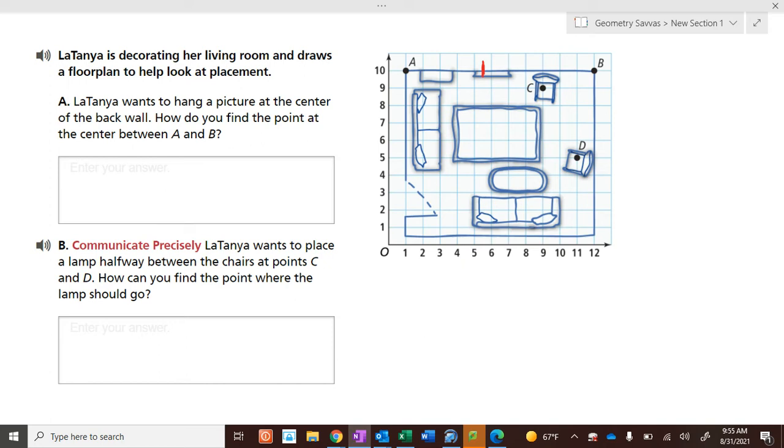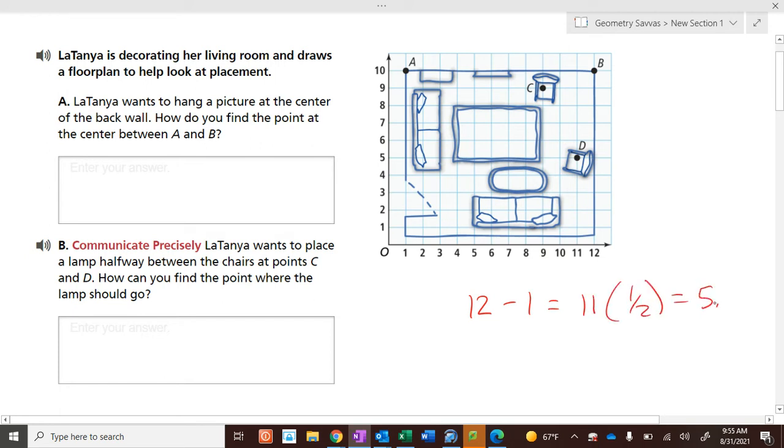Okay? So it's not at 5.5. What Illy did is took 12 minus 1, which is 11, and took half of that to get 5.5, which is good. That's what you want to do, but you got to think of the grid. The grid doesn't start at 0. If it started at 0, perfect.